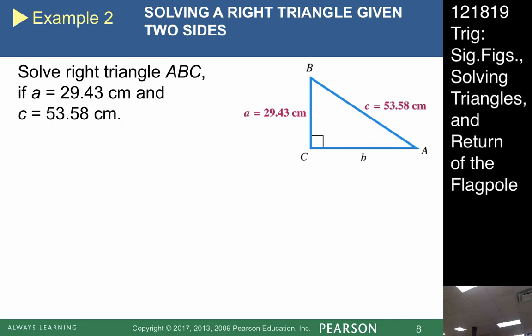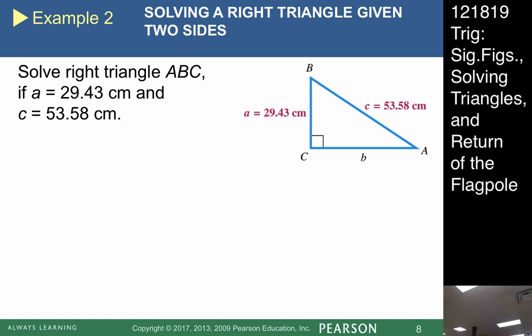My guess is 29 is a little bit more than half the size of 53, so it's going to be about 0.6, maybe 0.58. 29.43 divided by 53.58.